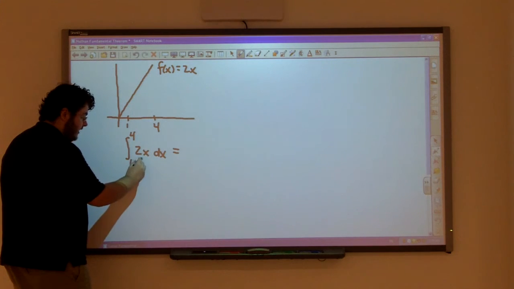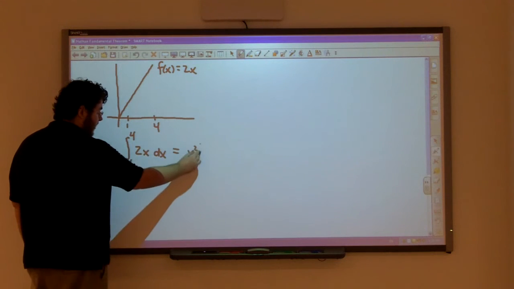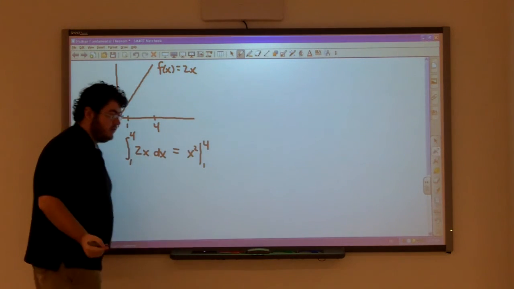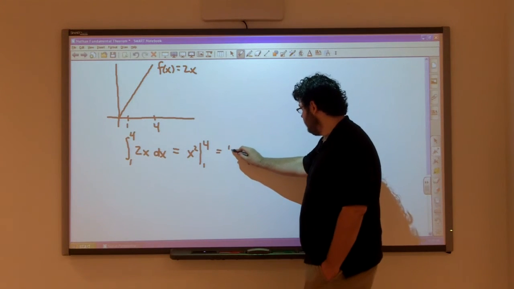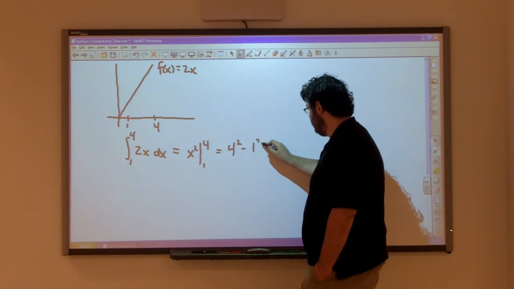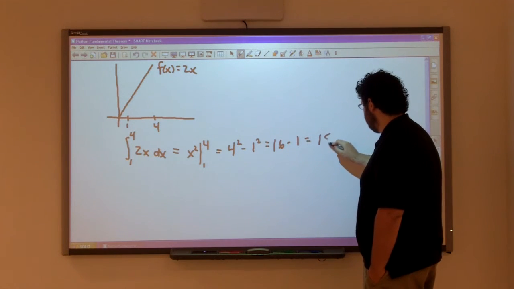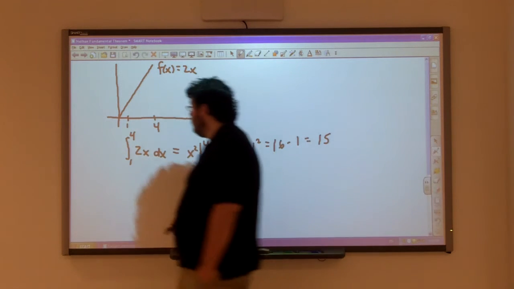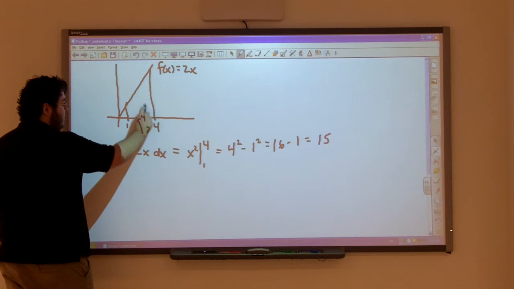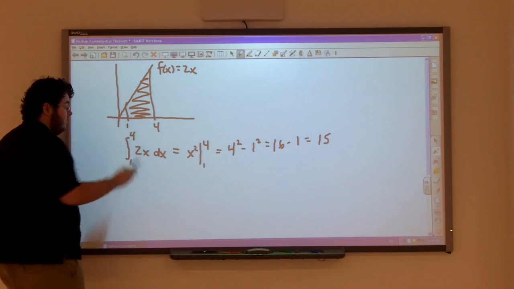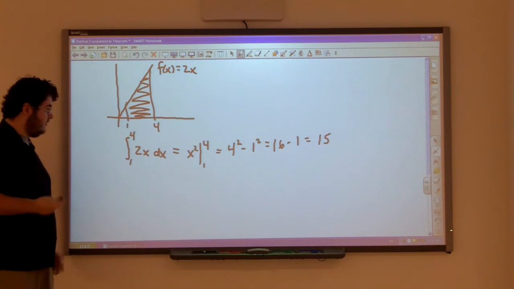All we do is find the antiderivative, which we've already established was x squared, and evaluate from 1 to 4. So this gives us 4 squared minus 1 squared, which is 16 minus 1, which is 15. So what we have found is that the area from here to there is equal to 15. So this fundamental theorem is extremely useful in finding areas.